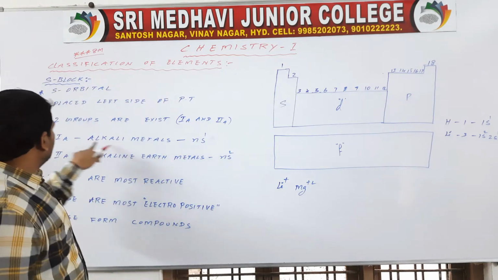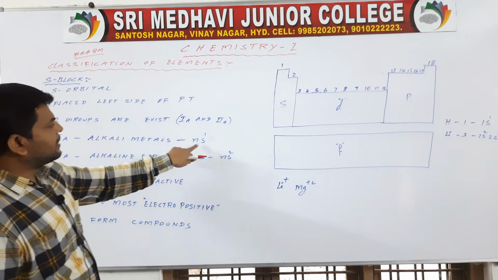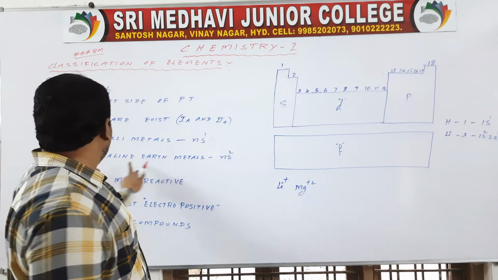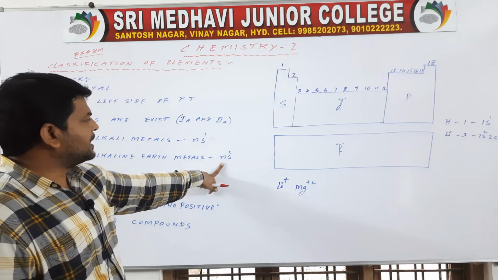So here alkali metals' general electron configuration is ns1. Then alkaline earth metals' general electron configuration is ns2.